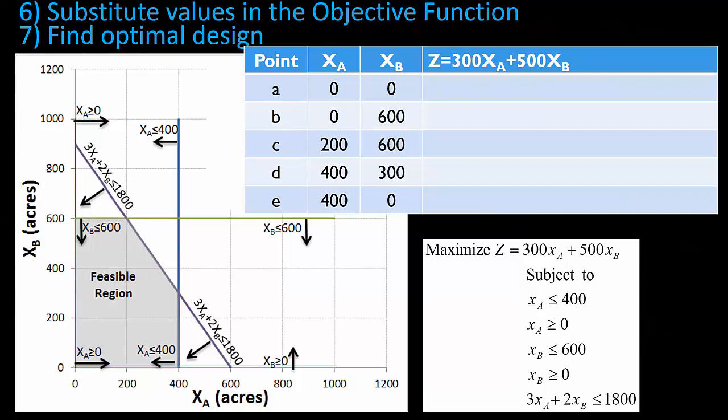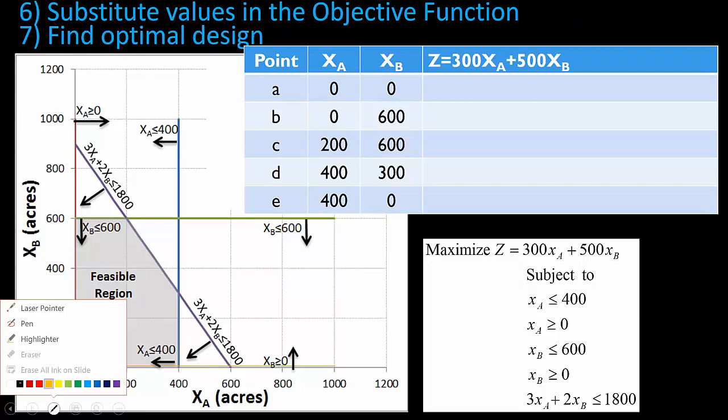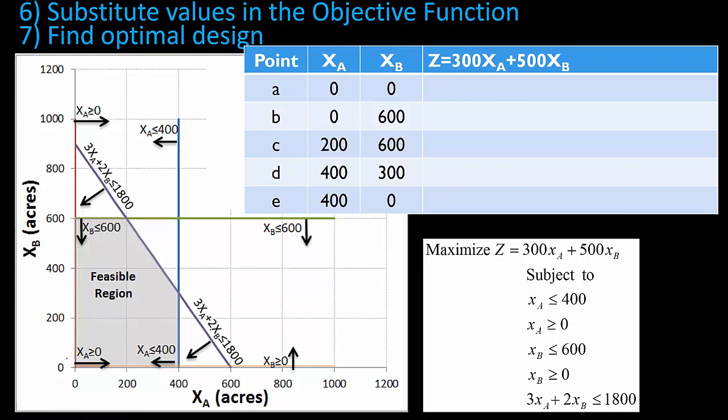So I have to substitute these values in the objective function equation. Just a friendly reminder that in this case, this is point A, B, C, D, and E. Okay, so when you substitute in this equation, it will be 300 times 0, so 0 plus 0 equals 0.